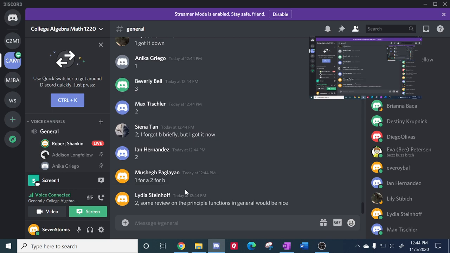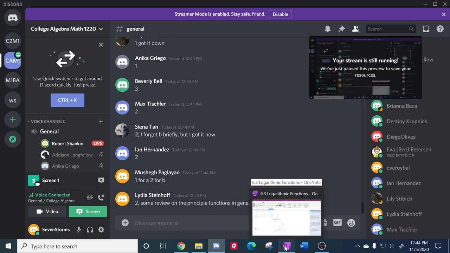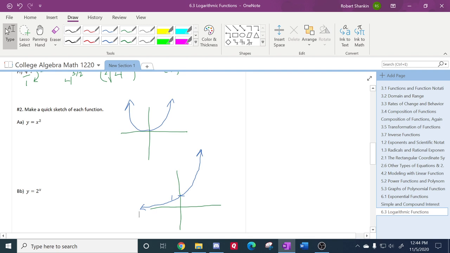Okay. And a brief comment I want to make on the left half of both of these. Why is the left half always positive? Because when you take a negative times a negative, you get positive.